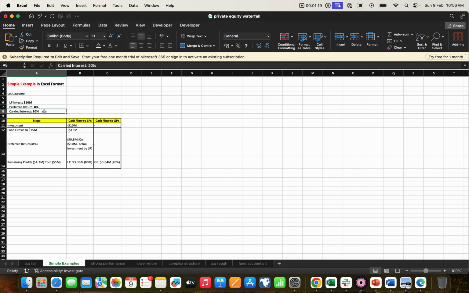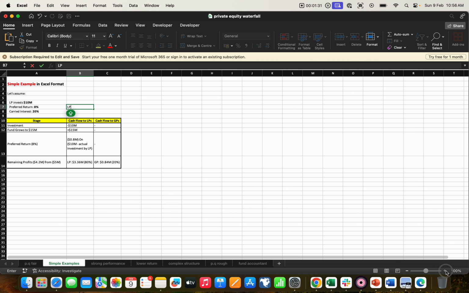Preferred return always goes to the LP, and carried interest goes to the GP. Accordingly, we have to do the calculation. So the investment is 10 million. The fund grows to 15 million, which means 5 million is the profit.